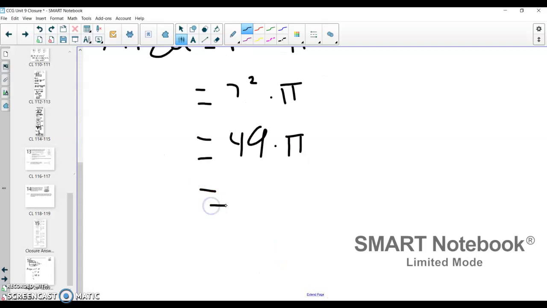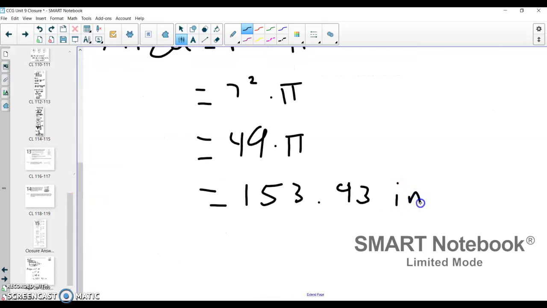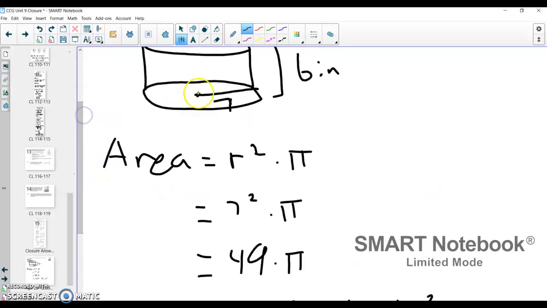Or if I don't like the way that 49 pi looks, I could rewrite 49 pi as 153.93, and I believe this is inches squared, because it's an area. Okay, so I have the area of my base. Now I need to multiply that by the height, which is 6 inches.